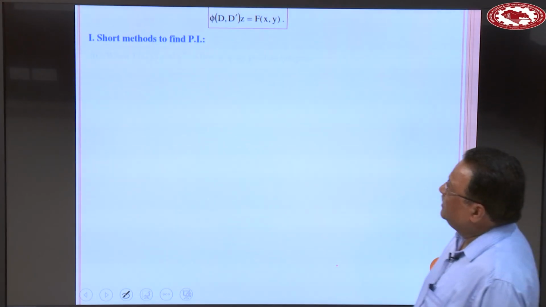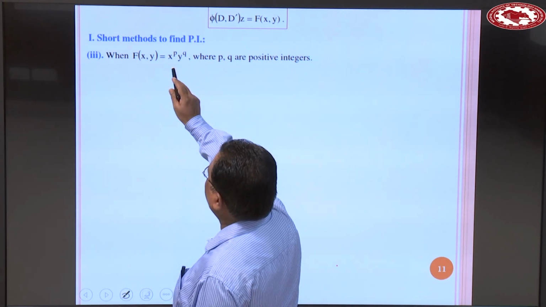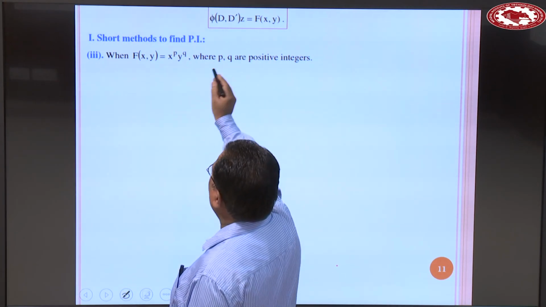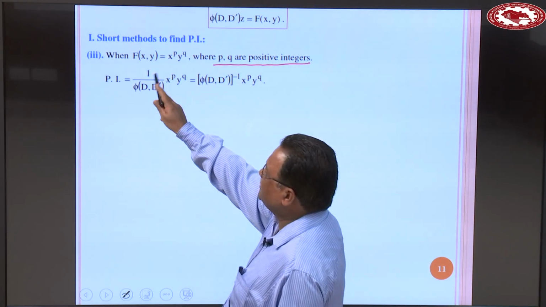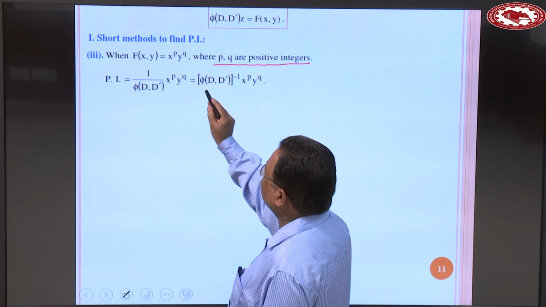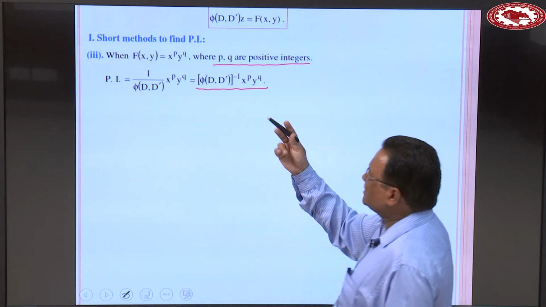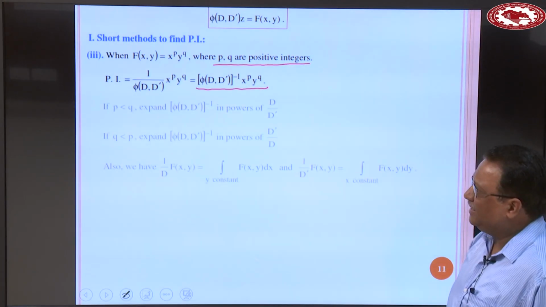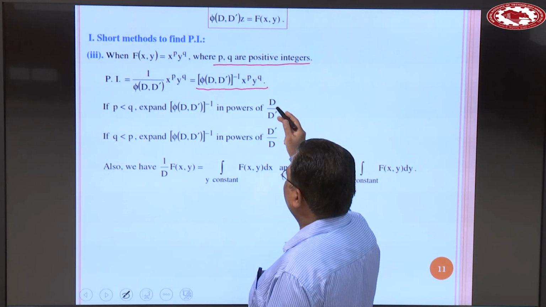Now, the third method is when f(x,y) is equal to x raised to power p, y raised to power q, where p and q are positive integers. Then the particular integral is 1 over phi D D dash, x power p, y power q, which is equal to phi D D dash inverse into x^p y^q. If p is less than q, then expand this in powers of D over D dash.